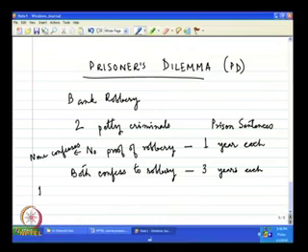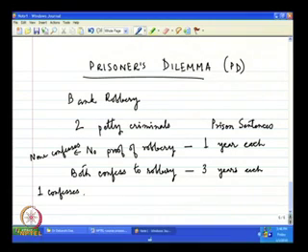The third possibility could be that the first prisoner confesses that he has robbed the bank. Now remember, when he says that I have robbed the bank, obviously he implicates the other person also, because it is known that if anyone has committed the crime, the other person has been an accomplice.